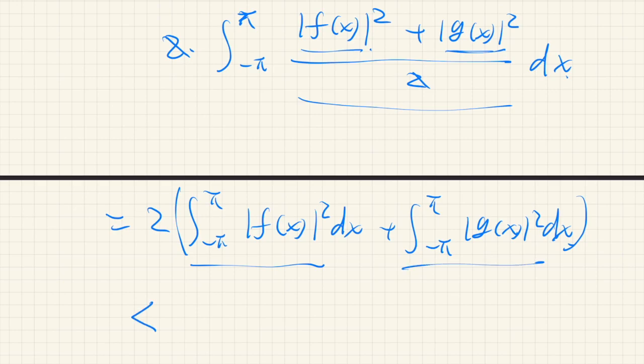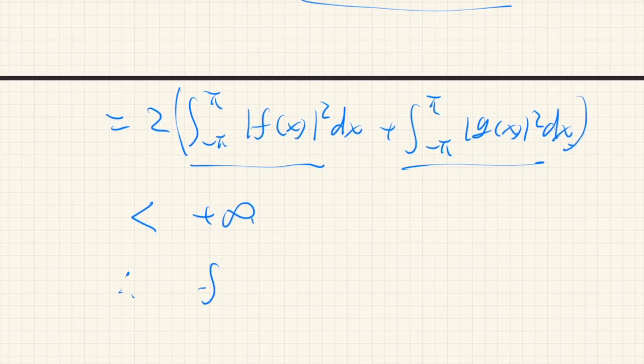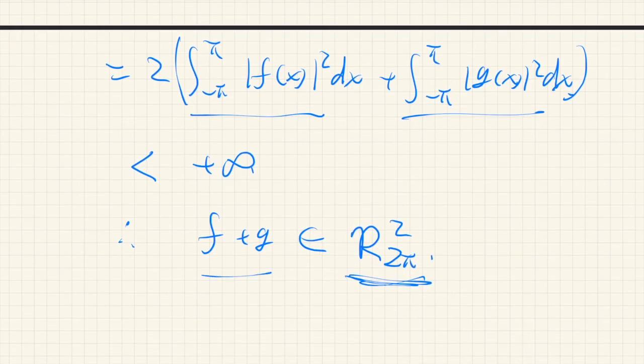Therefore, the total sum is finite. Therefore, f plus g belongs to this set. Therefore, this is closed under the vector addition, and we're done. And other axioms can be easily proved. For the details, please see my lecture notes.